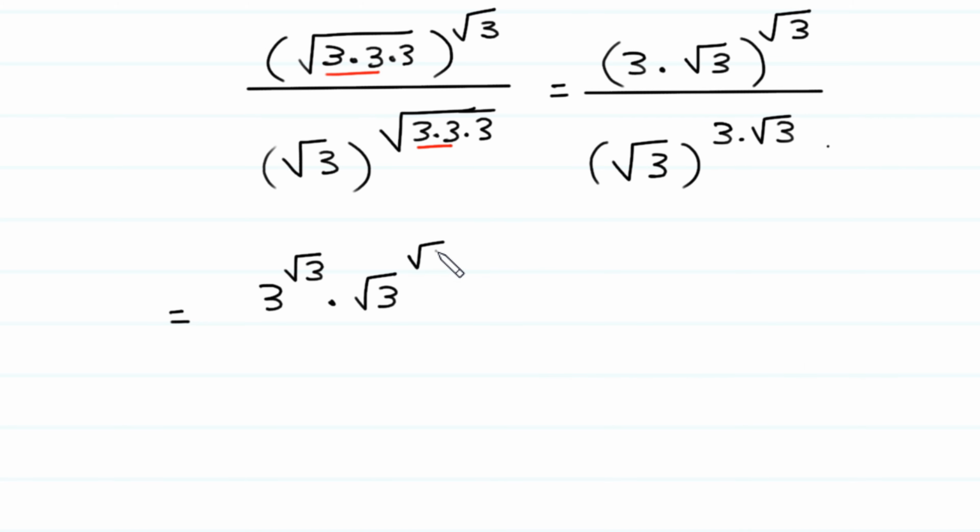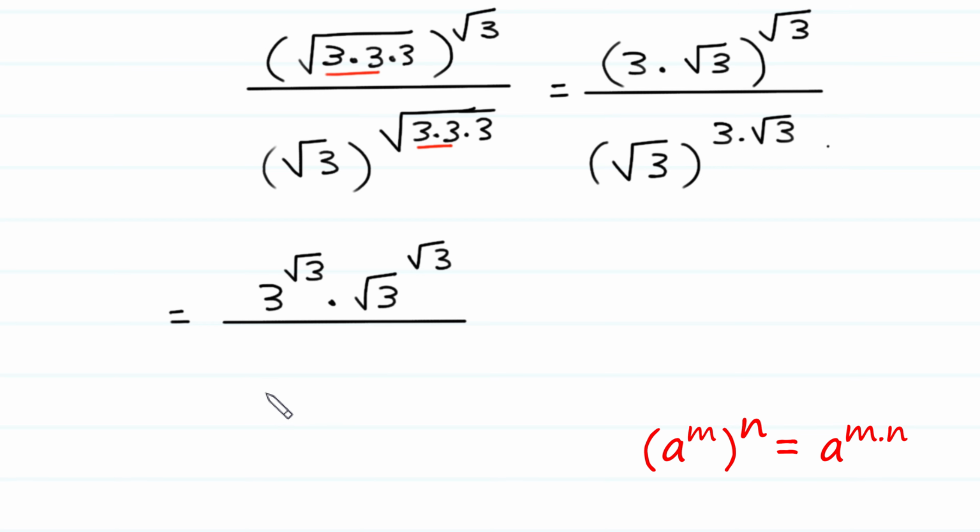square root of 3 divided by, and there is a rule of exponents that a to the power m times n is equal to a to the power m to the whole power n. According to this rule, we write this power square root of 3 inside the bracket and this power 3 outside the bracket.